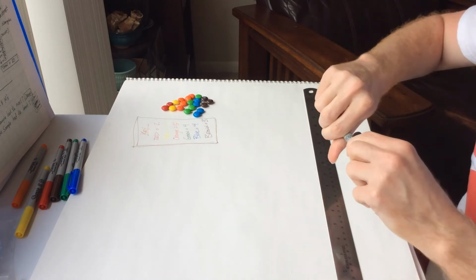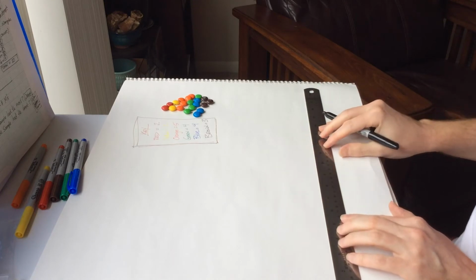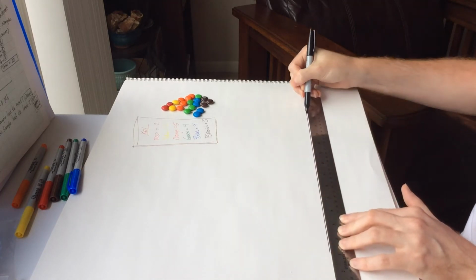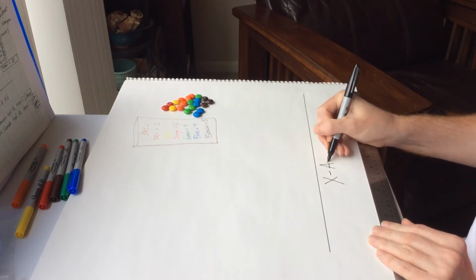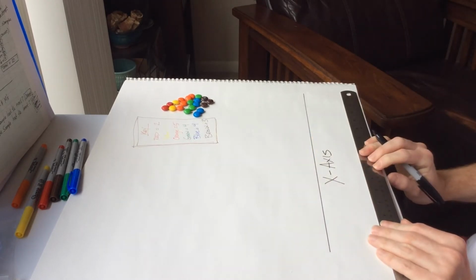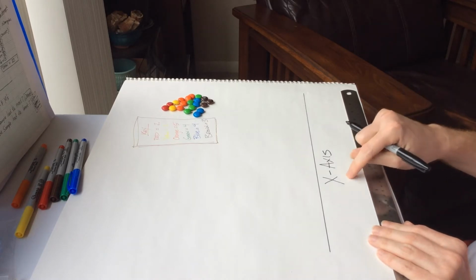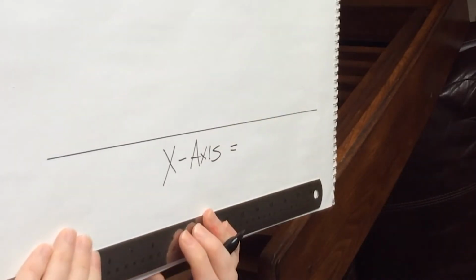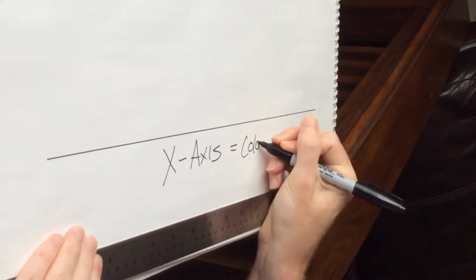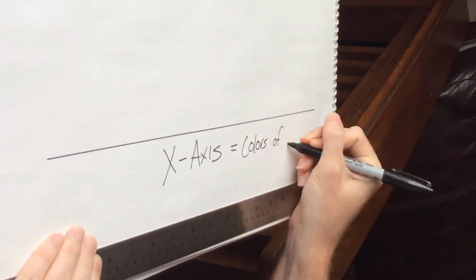So I'm going to draw my x-axis first. And for my x-axis, I want it to be equal to the colors of M&Ms.